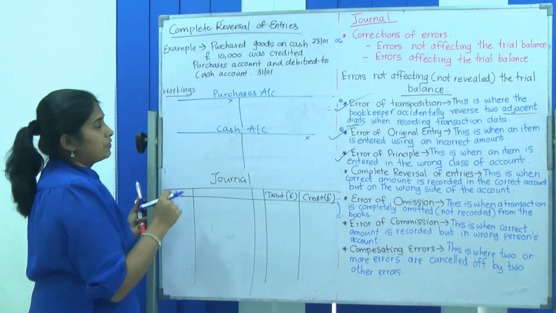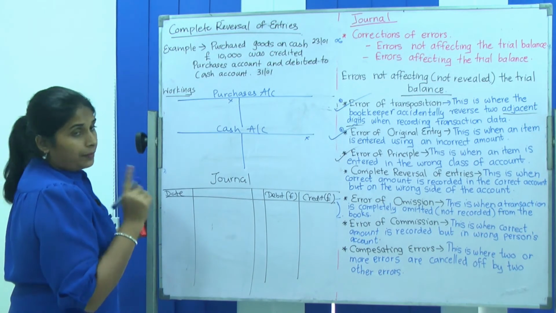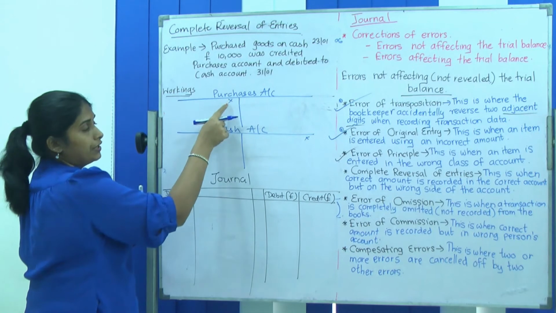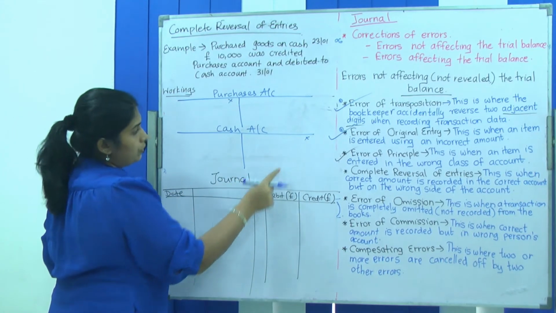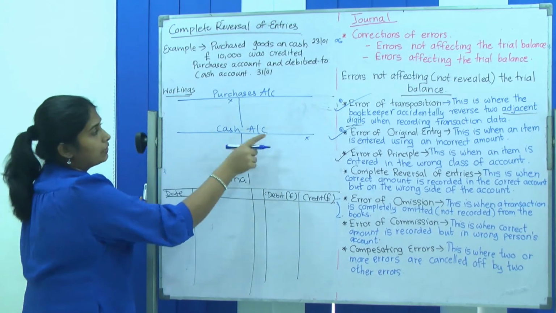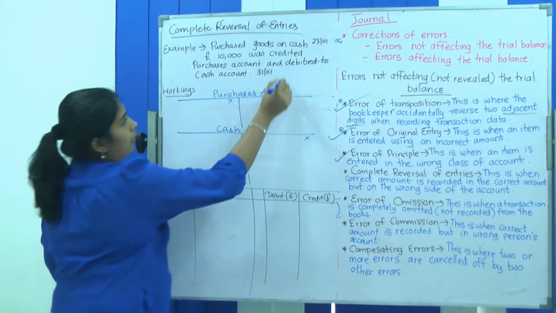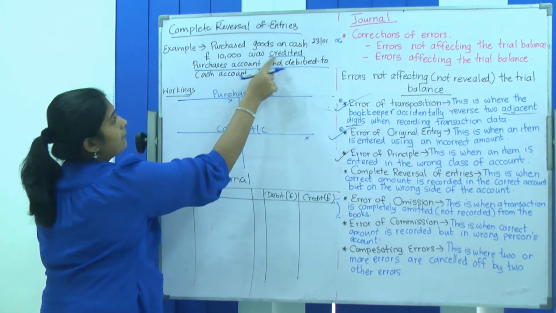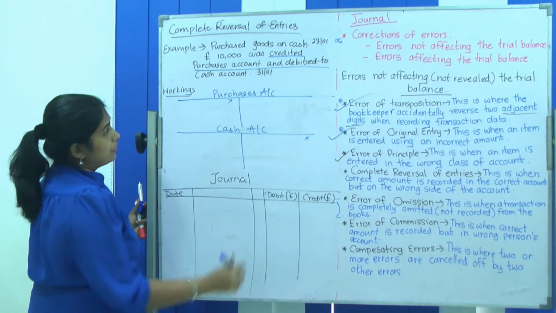So when you purchase on cash, the actual double entry is purchases goes up, so the purchases account will be debited, cash goes down, so cash will be credited. So this is the actual double entry. This is the way to record. But according to these transactions, what they have done is they have credited the purchases account 10,000.